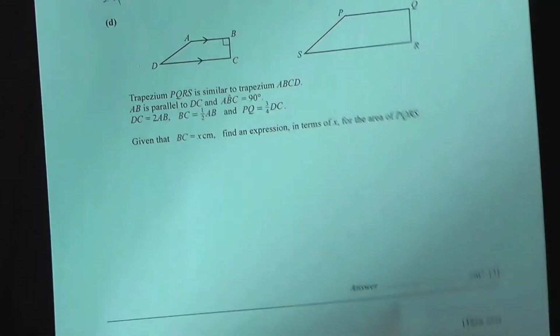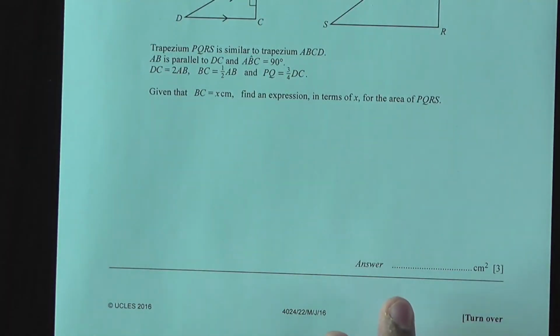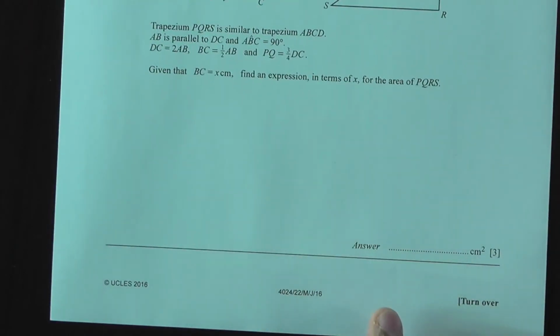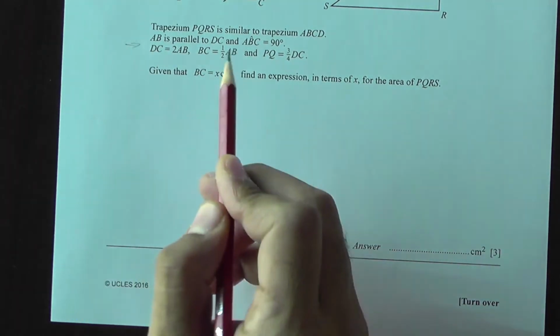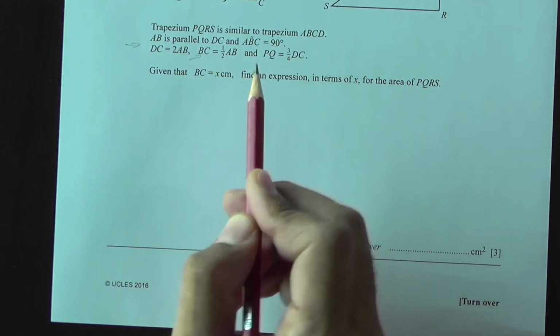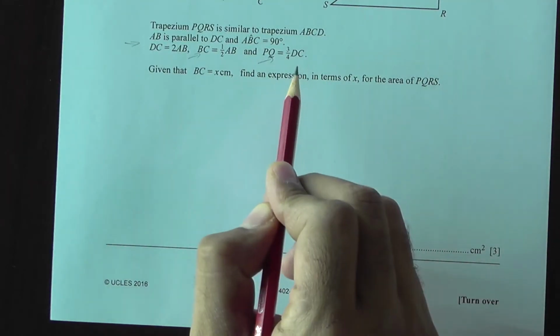Okay. The last part of the question says trapezium PQRS is similar to trapezium ABCD. AB is parallel to DC and AB is 90 degrees. DC is 2AB and BC is half AB and PQ is 3 over 4 DC.